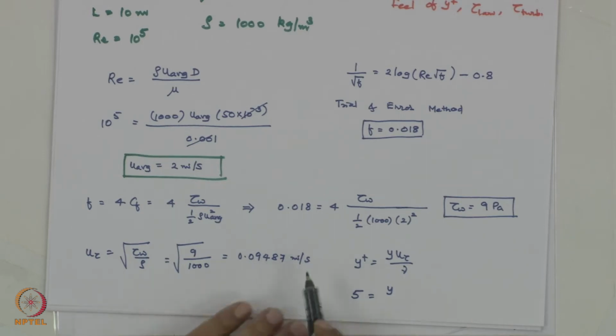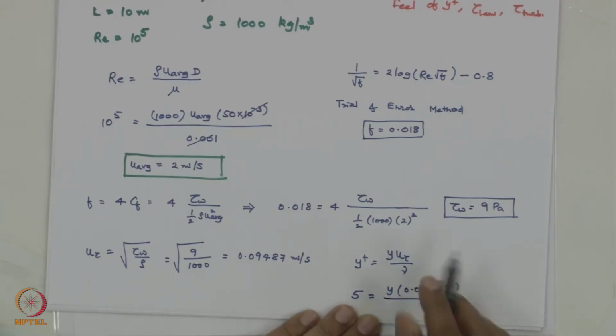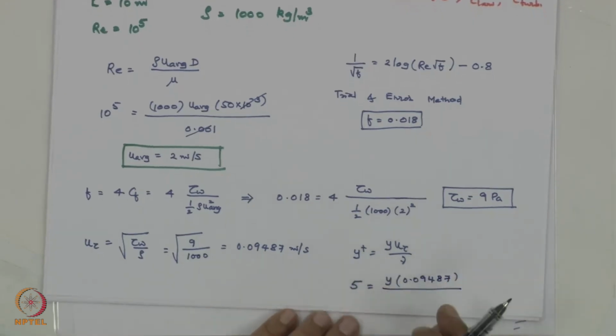So I will take this as U tau, 0.09487. Remember, this is just to get the feel, it is not that it is correct.